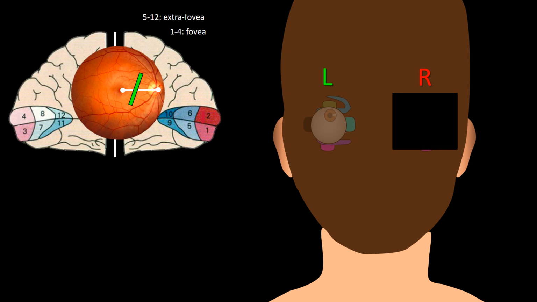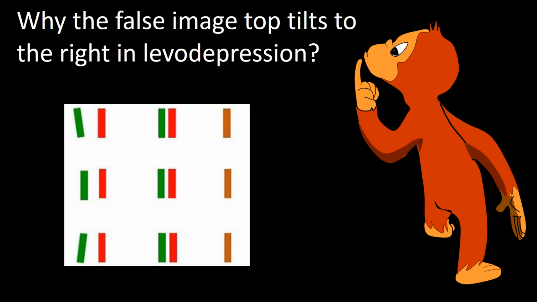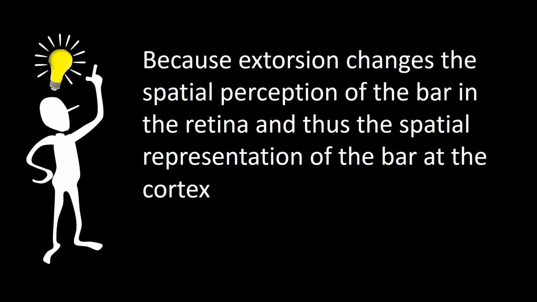Notice that in this position, the upper pole of the bar tilts towards the disc nasally. In this frame, I have added the diplopia chart and now drawn yellow lines to highlight the spatial arrangement. So the answer to this question is because extortion changes the spatial perception of the bar in the retina and thus the spatial representation of the bar in the cortex.